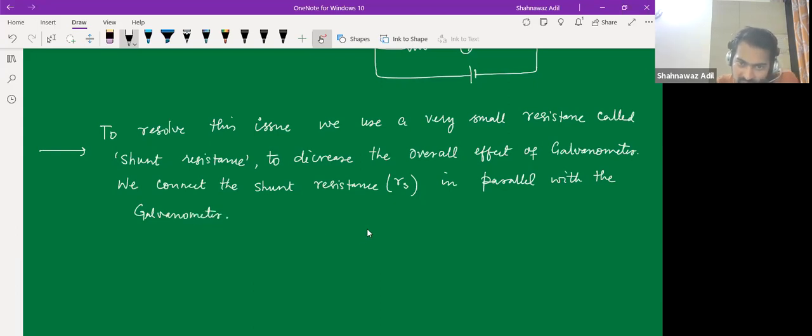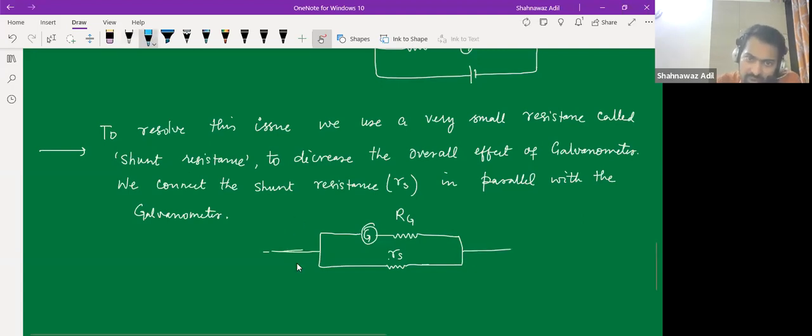So we have a galvanometer which has some high resistance RG, and we connect a very small shunt resistance in parallel with it. Then this whole device acts as an ammeter.